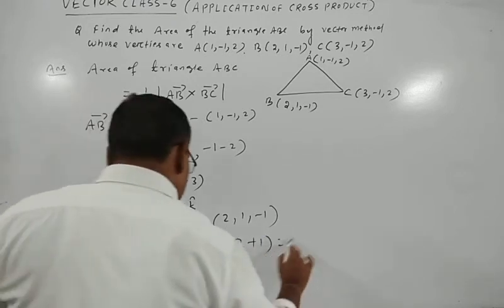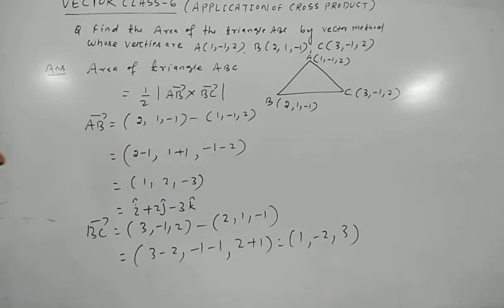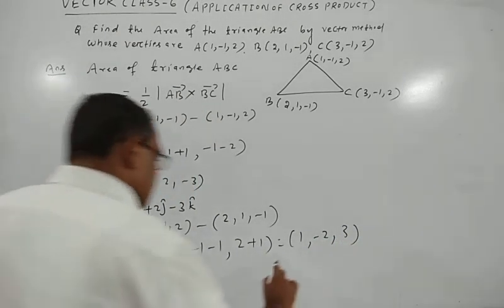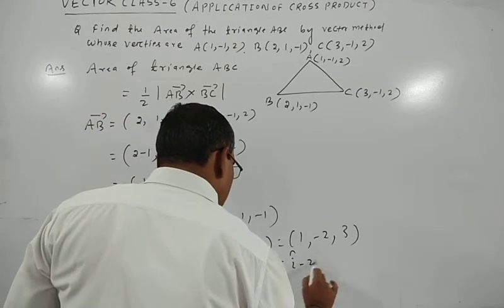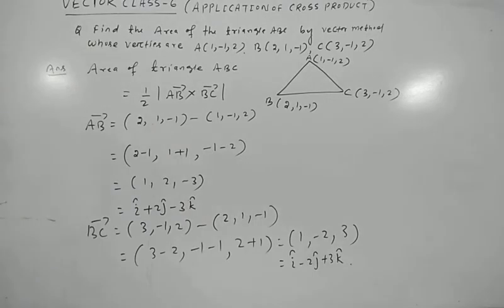So 3 minus 2 is 1, here minus 2, here 3. So BC vector is equal to i cap minus 2j cap plus 3k cap, and AB vector is equal to i cap plus 2j cap minus 3k cap.